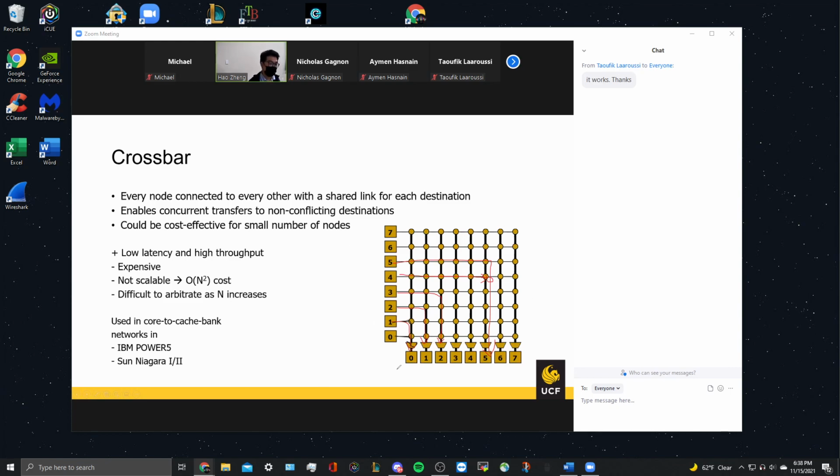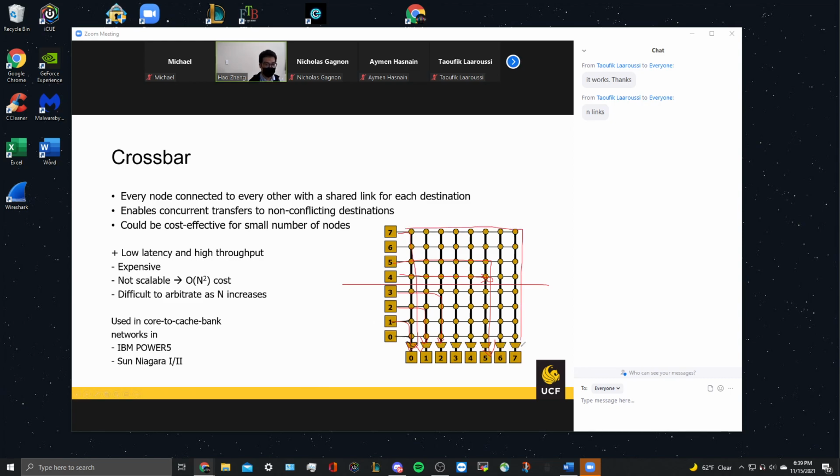And again, what would be the diameter for this one, and what could be the bisection bandwidth? Same as before: cut the network in half and check how many links we have across this line. This is the bisection. And the hop count is just how many hops from 7 to 0.